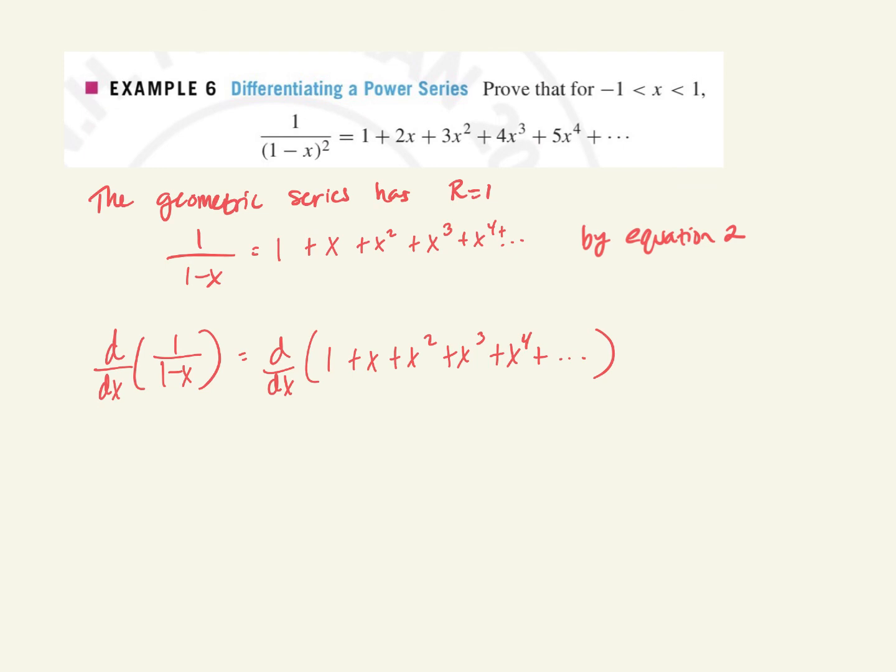You could change it to a negative exponent rule, etc. But it will derive and come out as 1 over 1 minus x squared. And the right-hand side derives and comes out as 0 plus 1 plus 2x plus 3x squared plus 4x cubed, etc. Which is exactly what we said.